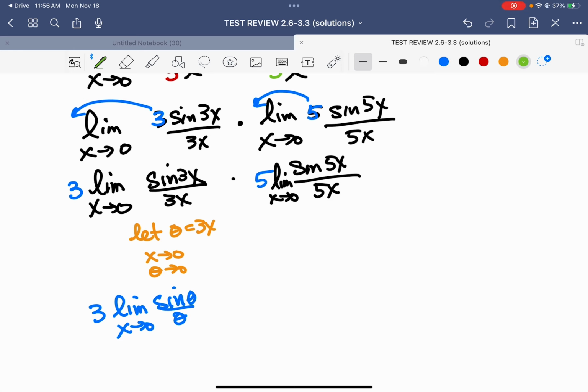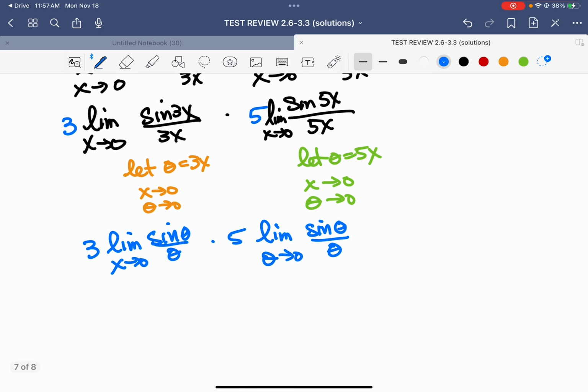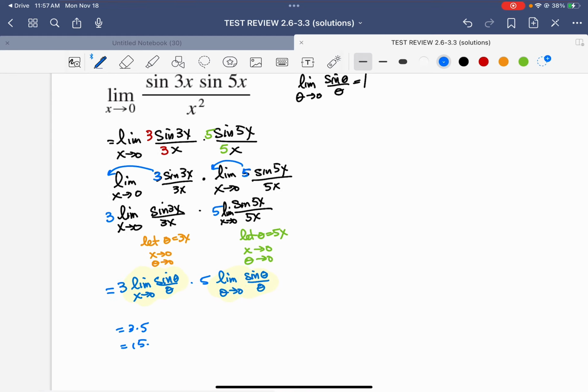And then for this next one, I'm going to let theta equal 5x, and so as x goes to 0, theta goes to 0. It's going to be times 5 times the limit as theta goes to 0 of sine of theta over theta. But this is just equal to 1, and that's just equal to 1. So really you just have 3 times 5, which is 15. That's that problem.